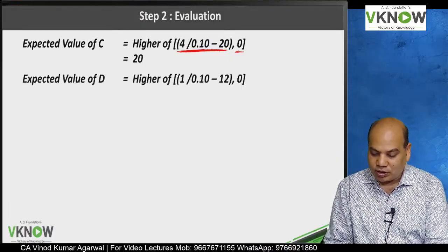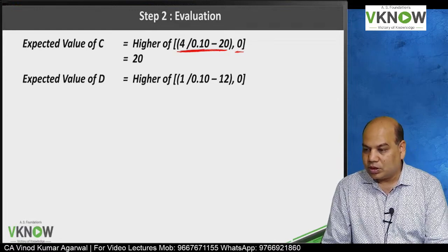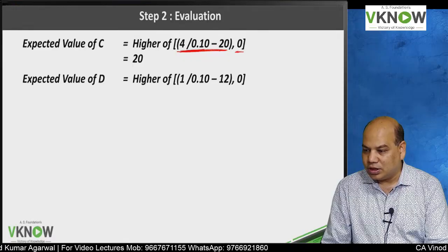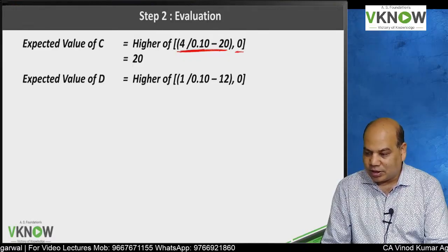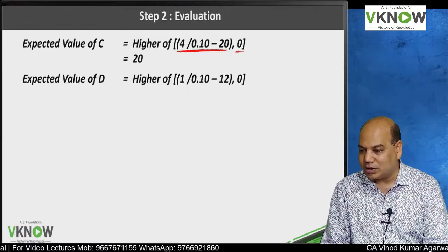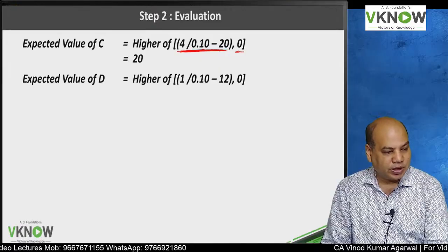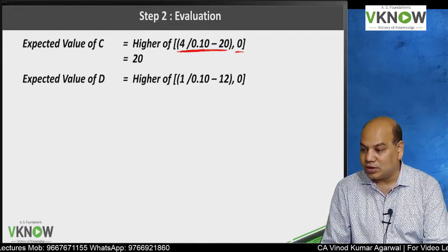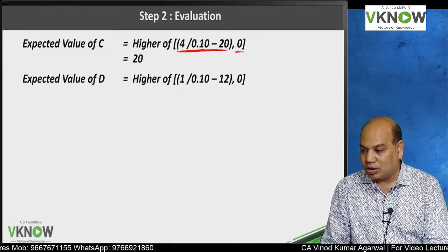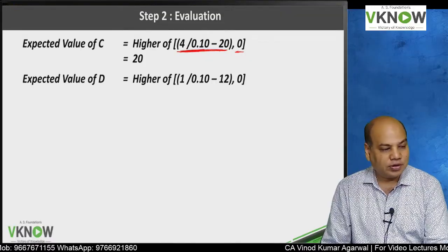And in the same way, we will compute the expected value of decision node D, higher of, in bracket, 1 divided by 10%. 1 divided by 10% is the PV of perpetuity, minus 12. 12 is the investment, comma, if you do not invest, you will get 0.